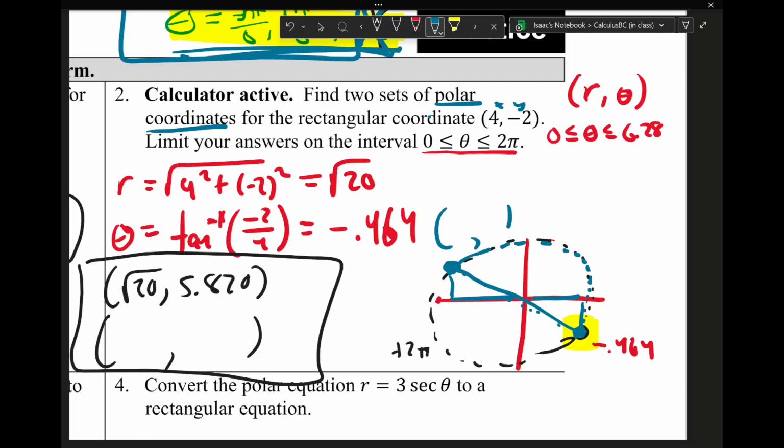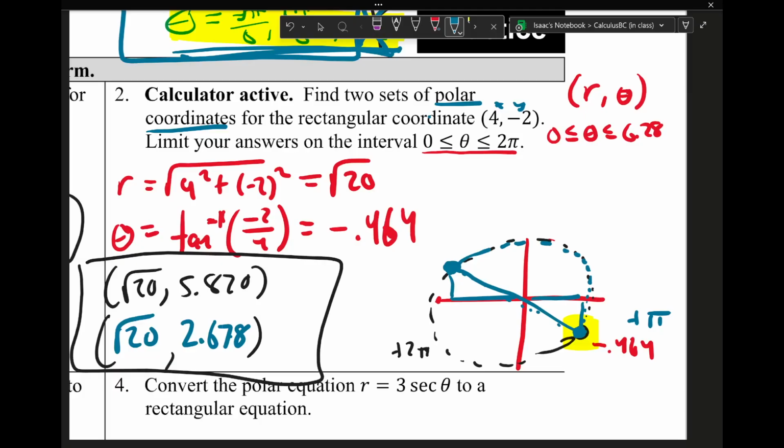The signs for sine and cosine switch, but when you're dividing the same two ratios by each other, then you're going to get the same value. So what we could have done is just add pi to this, and we could have gone square root of 20, 2.678 radians.